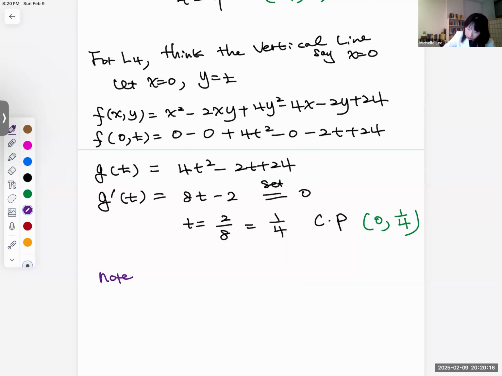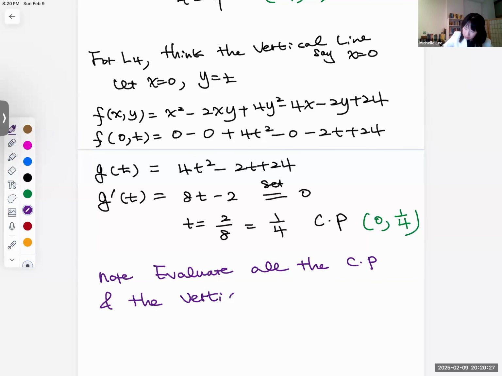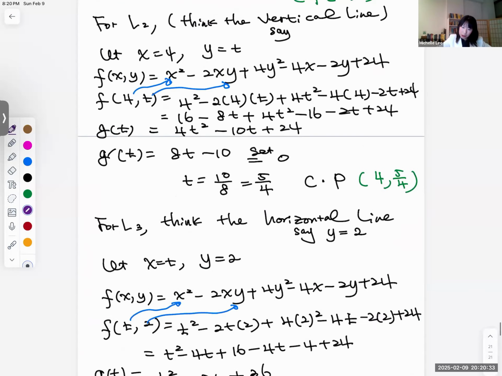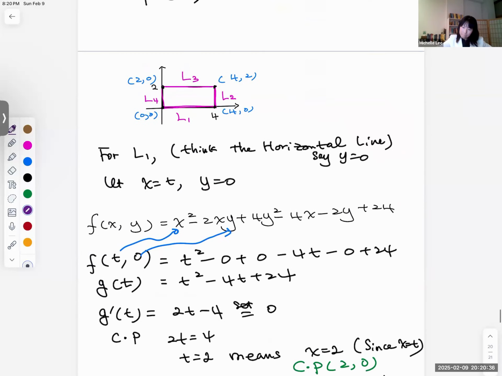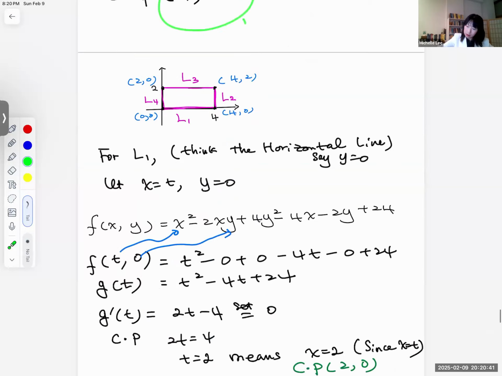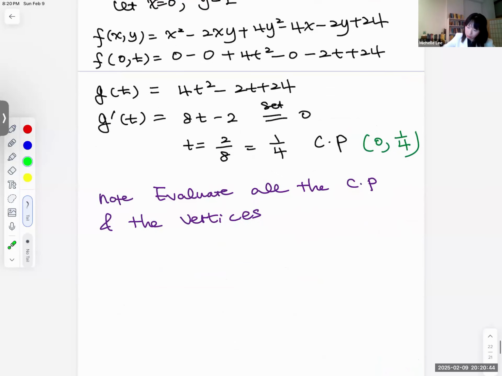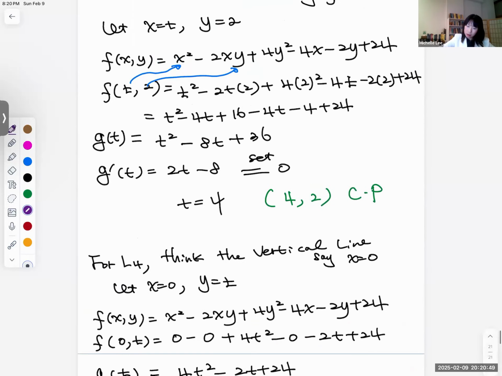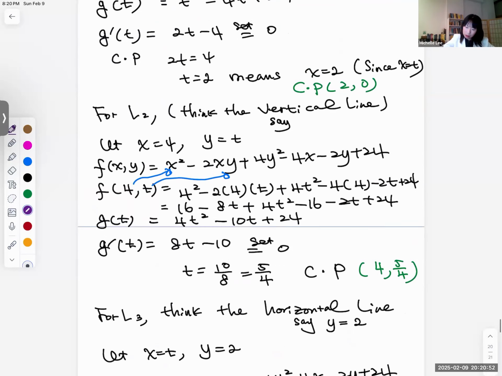Note: evaluate all the critical points and the vertices. Okay, critical points, let me write them down. The first one, 3, 1. Second one, from line 1, 2, 0.